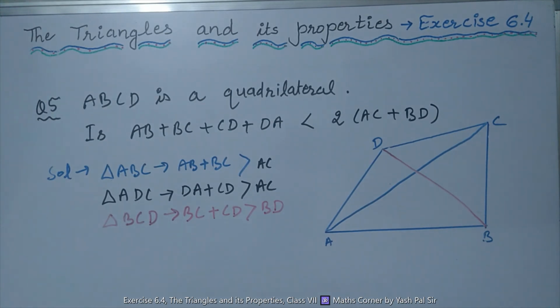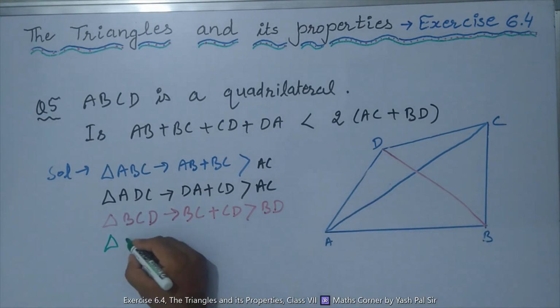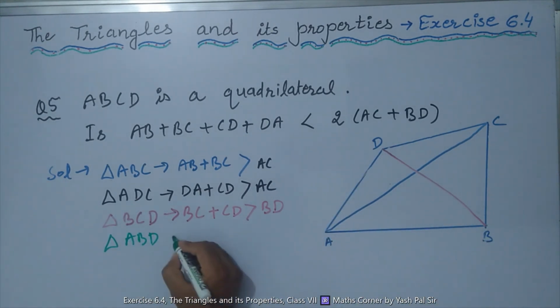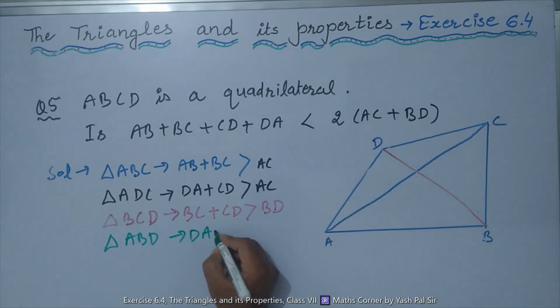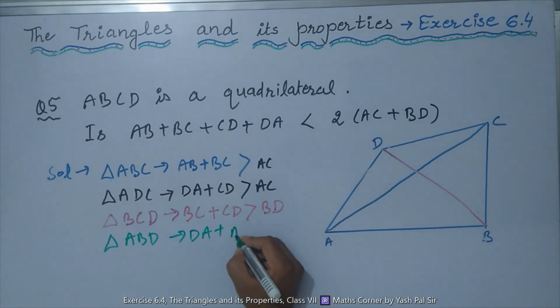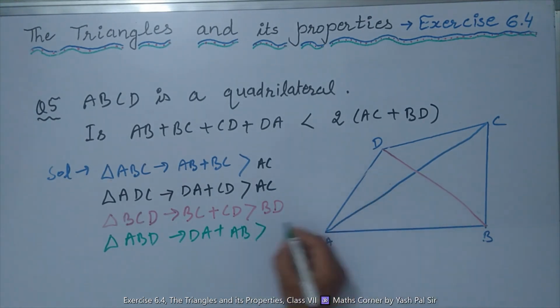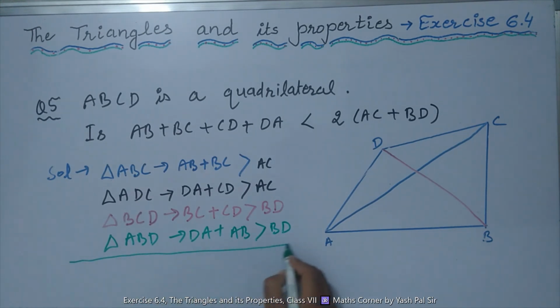Last time we take this triangle ABD. This gives us DA plus AB greater than BD, right?